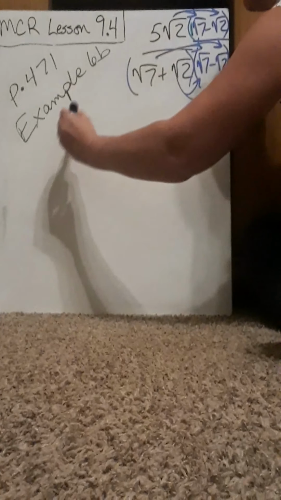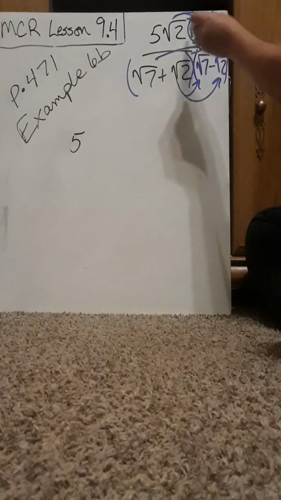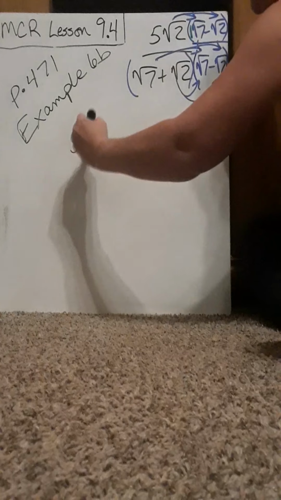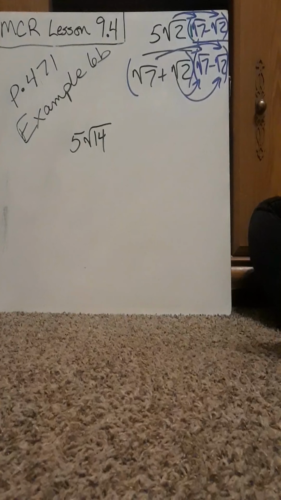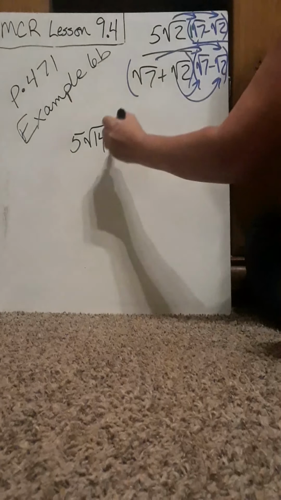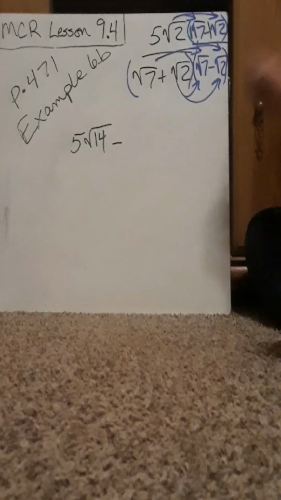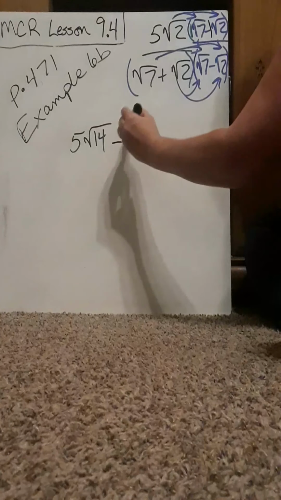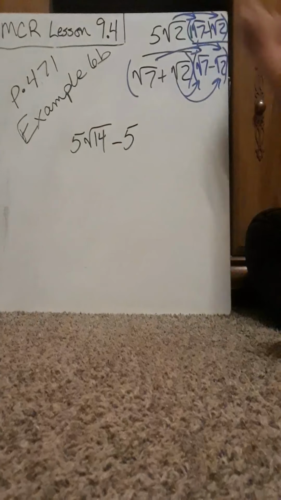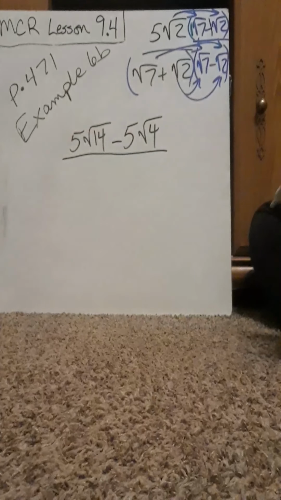So if you multiply the like parts, 5 times 1 is 5, and radical 2 times radical 7 is radical 14. Multiply the numbers underneath when you're multiplying. Okay, bring down the minus, and then do the same thing here. I have an imaginary 1 here. 5 times 1 is 5. Radical 2 times radical 2 is radical 4. Multiply the numbers underneath.